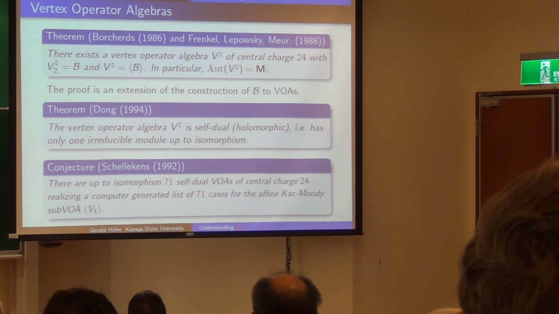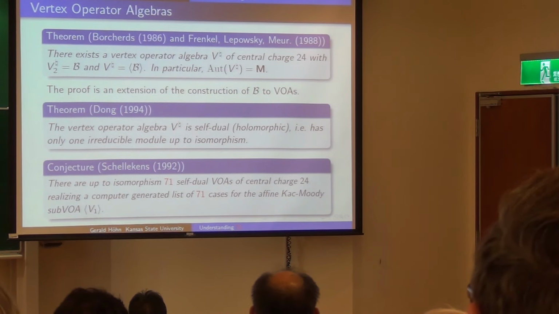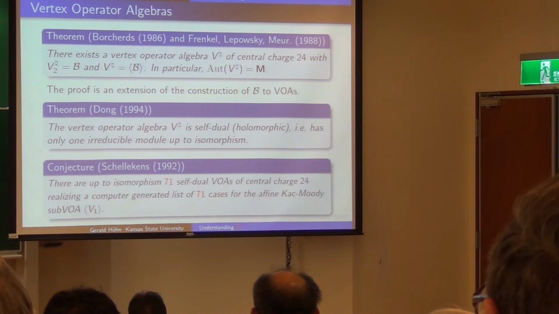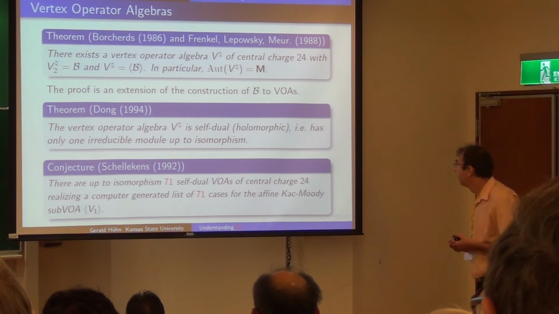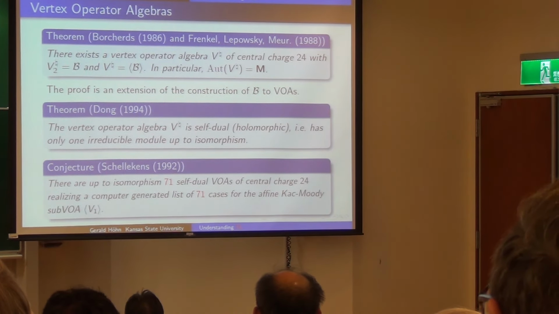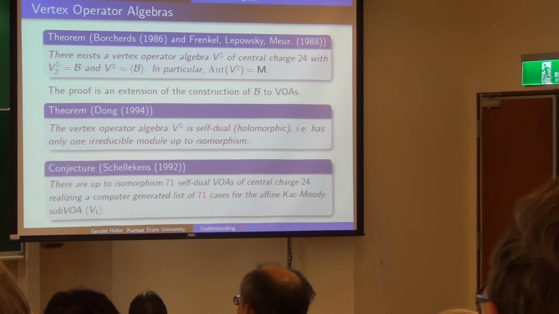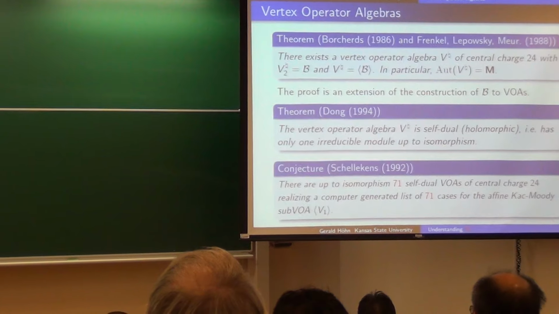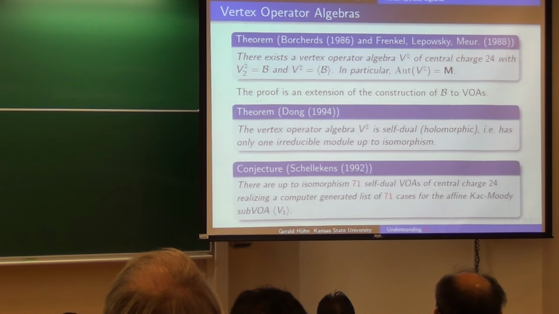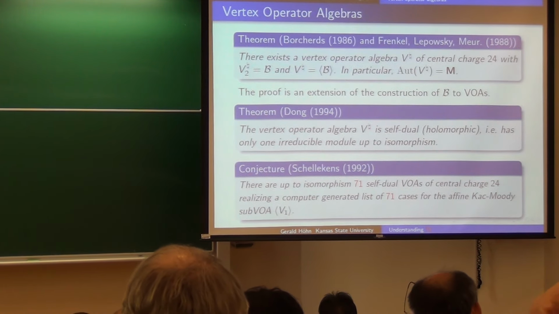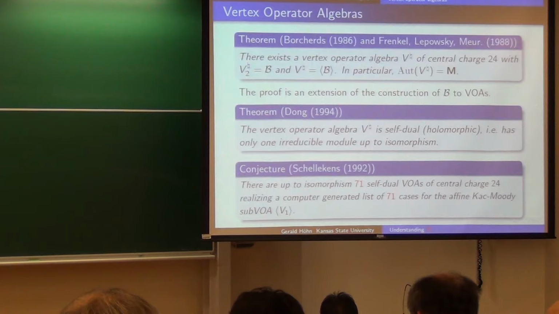Furthermore, the Moonshine module is also generated as a vertex operator algebra by the Griess algebra. So, in particular, we get that the automorphism group of the Moonshine module is also the monster. And the proof essentially is just an extension of the construction of the Griess algebra to the vertex operator algebra.